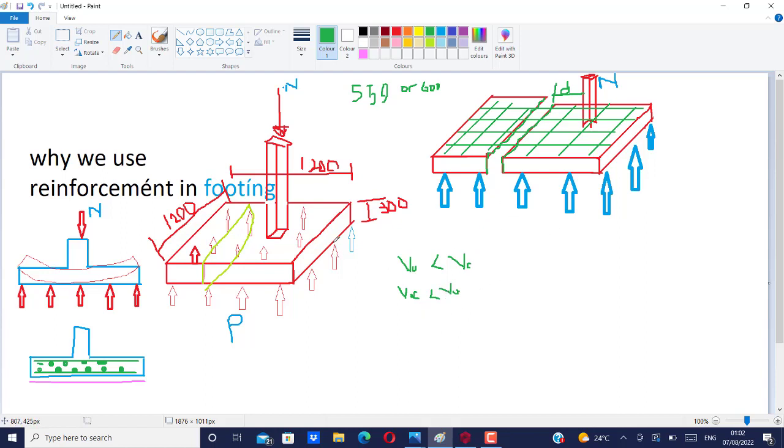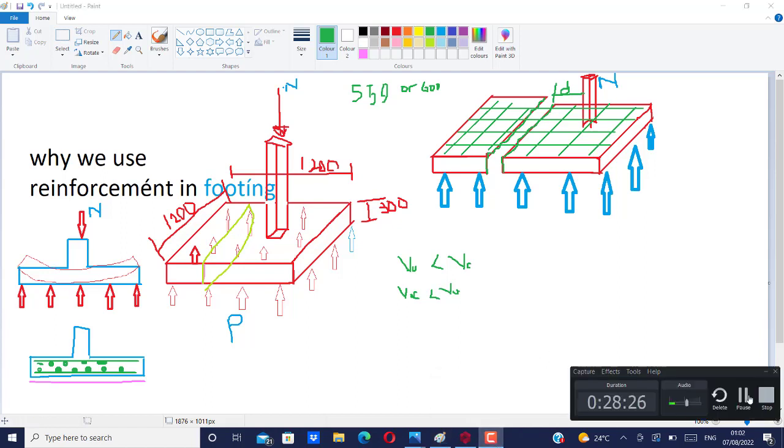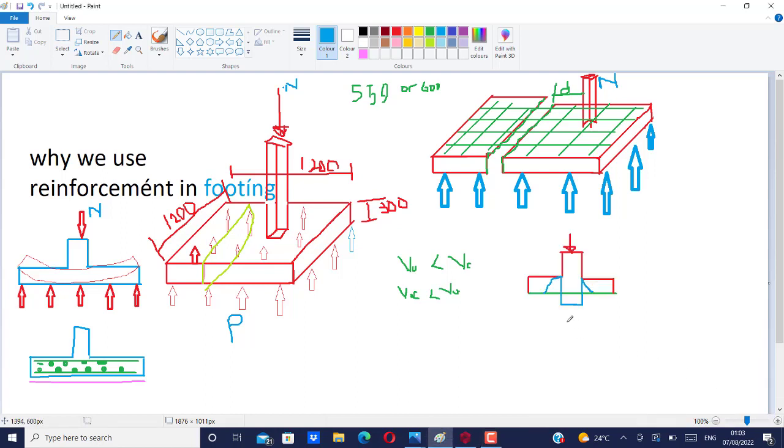Now, for punching shear, let us make a sketch and try to show what also happens when these forces are acting on the footing. Now for the punching shear, this is the diagram we have sketched.